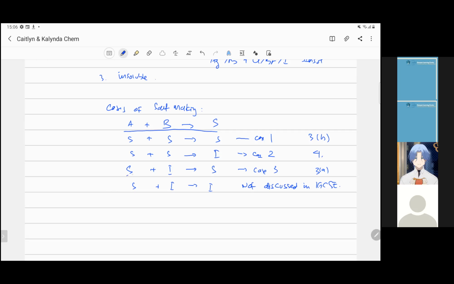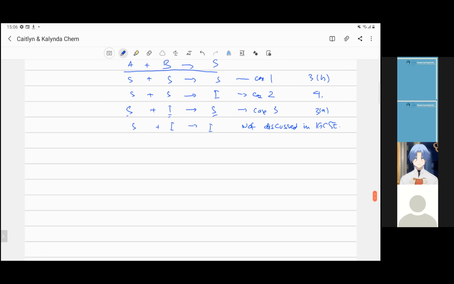We have a soluble acid with an insoluble base, and the result is going to be something soluble. Now, let's do the questions by case number 3 because your teacher wants it to be discussed first.